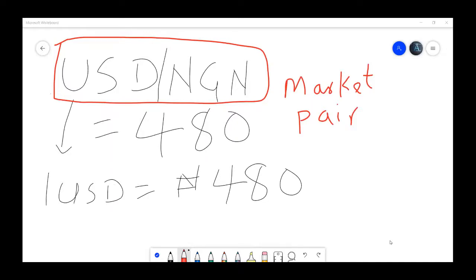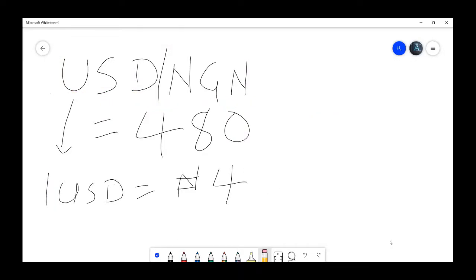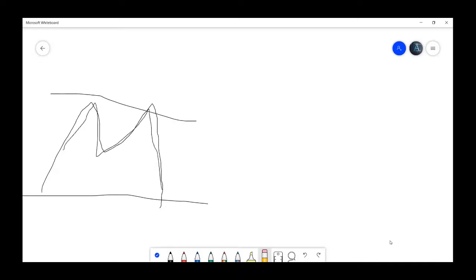Now, the first currency, like I said, is always 1. Then the second currency is what is quoted. I think I've explained it enough for us to get it.